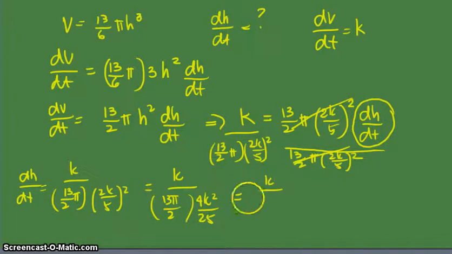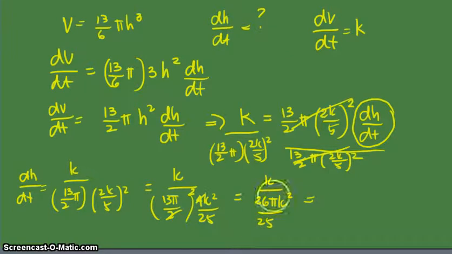So you can do 13 times 4, that is 52, or you can just cancel 4 and 2 to make it faster. So 4 and 2 will cancel, so you have 2 on top. So 13 times pi times 2 is 26 pi k squared, then you have over 25.